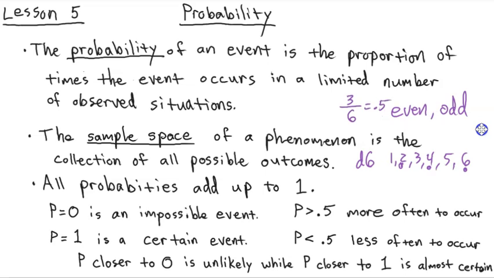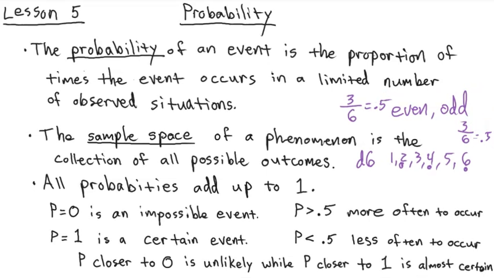And then there's a 1, a 3, and a 5. Those are the odd numbers. So there's a 3 in 6 chance, which is 0.5, that we'll get an odd number. If we add up 0.5 plus 0.5, we have 1. And so all of the probabilities add up to 1.